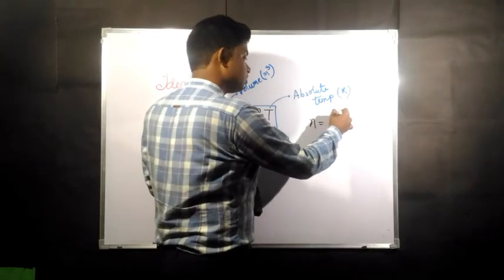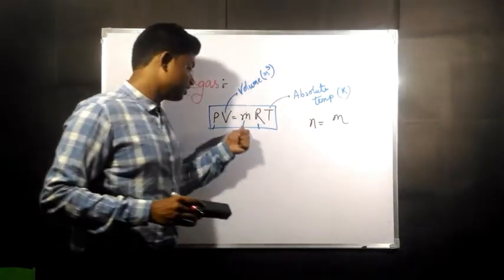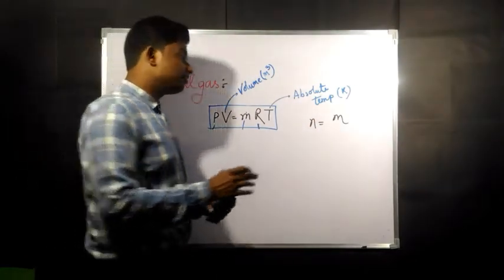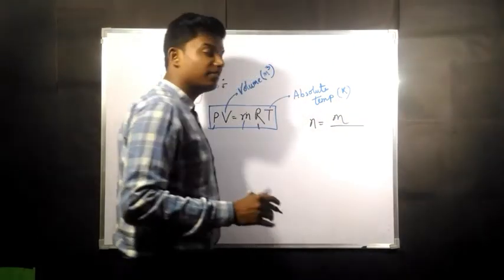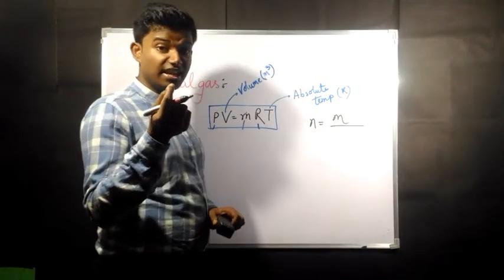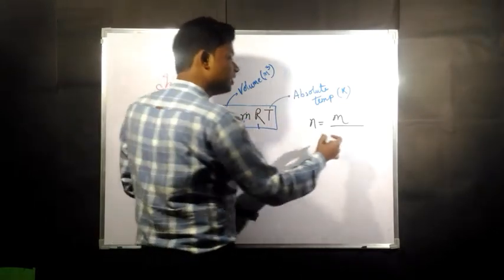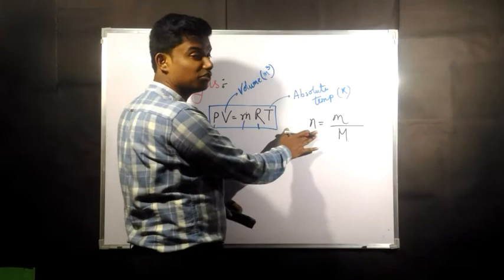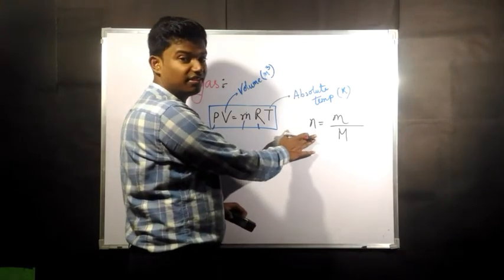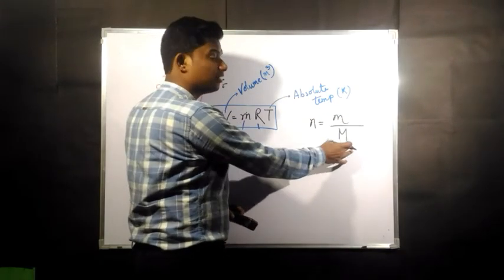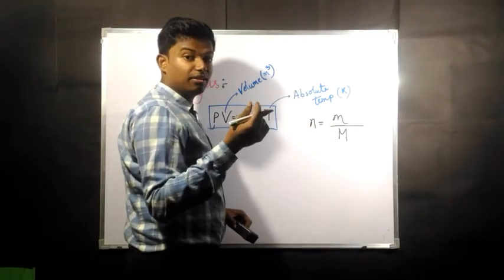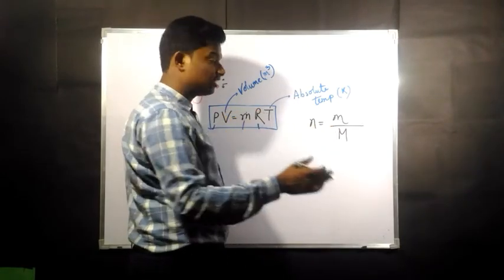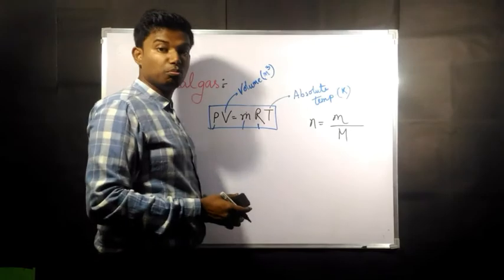Suppose m is the total mass, that is this m, and if you divide this by the mass of each molecule, that is capital M, then you get the total number of molecules present here. This is very simple arithmetic: total mass divided by the mass of an individual molecule gives you the total number of molecules.